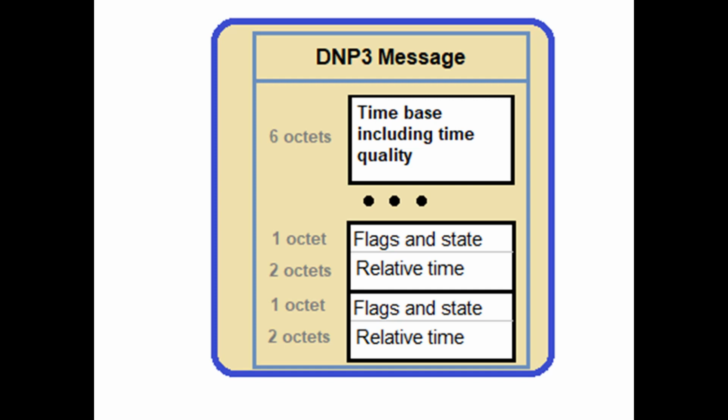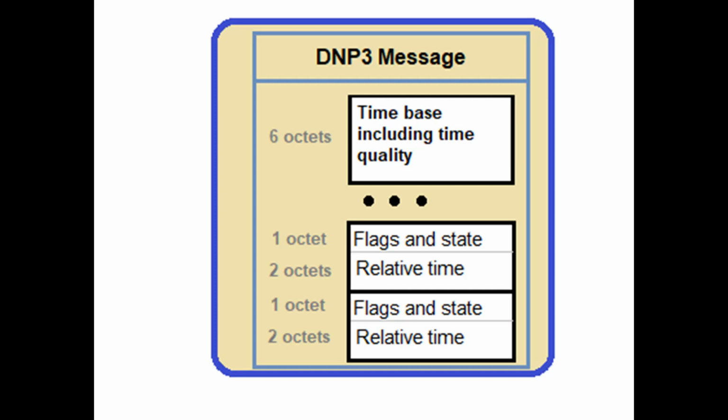The relative time binary reports a 16-bit 2-octet time that represents an offset from the time base. The event time is calculated by adding the relative time to the time base.